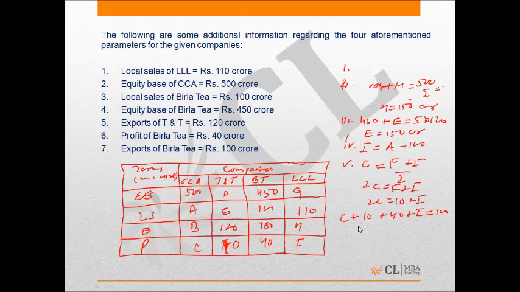Here we have one equation with two variables, but we also have the equation obtained from the previous statement, in C and I. So with the help of these two equations we'll get C as 20 crore and I as 30 crore, and from here we can find the value of A as well, which is I plus 100. This will be 130 crore.